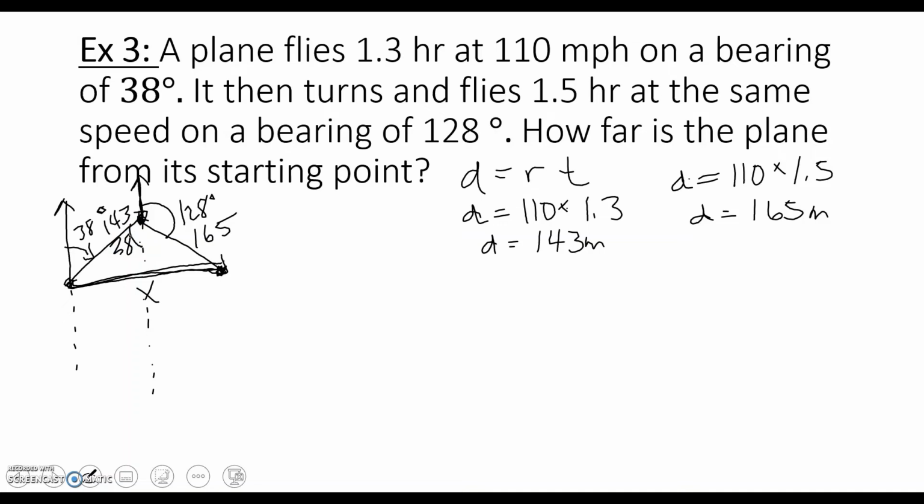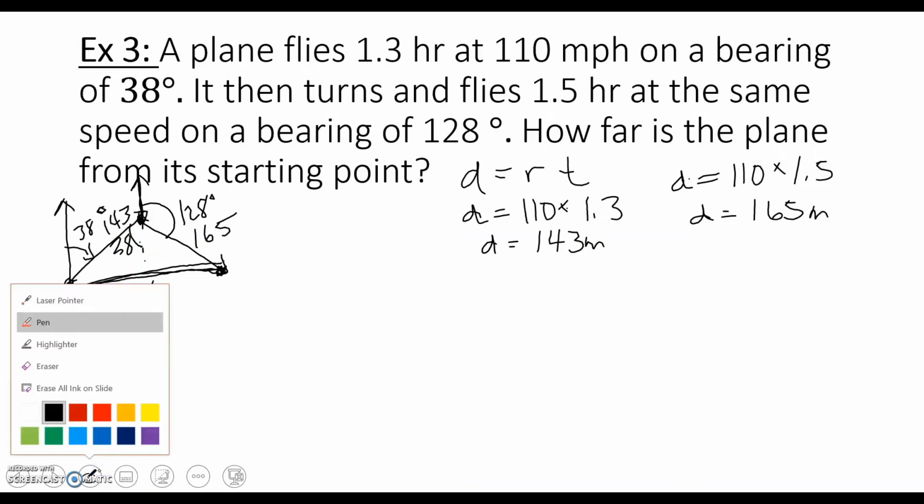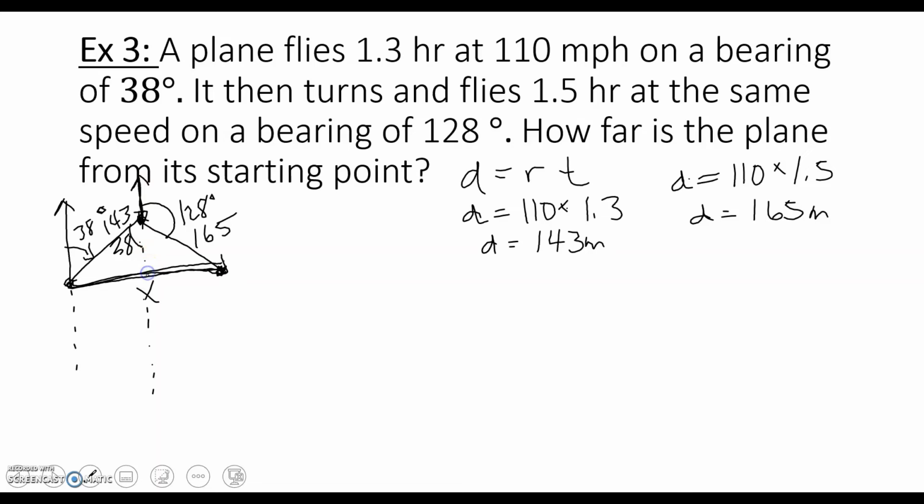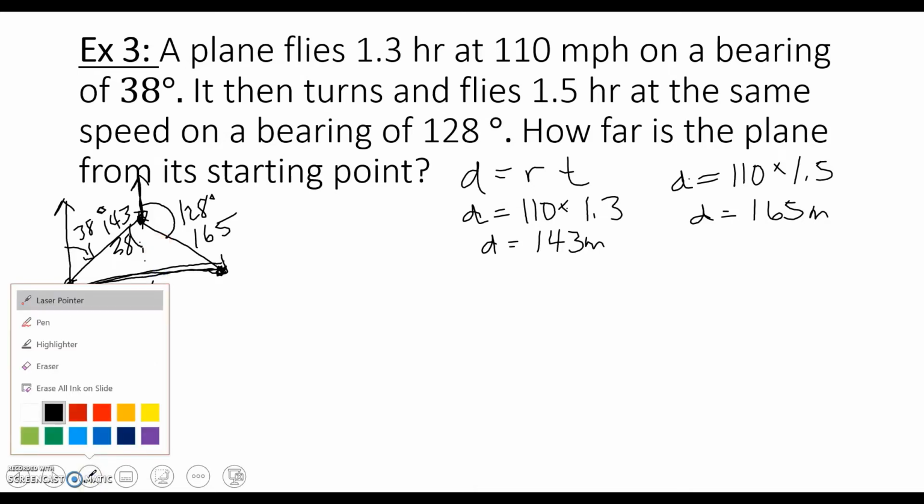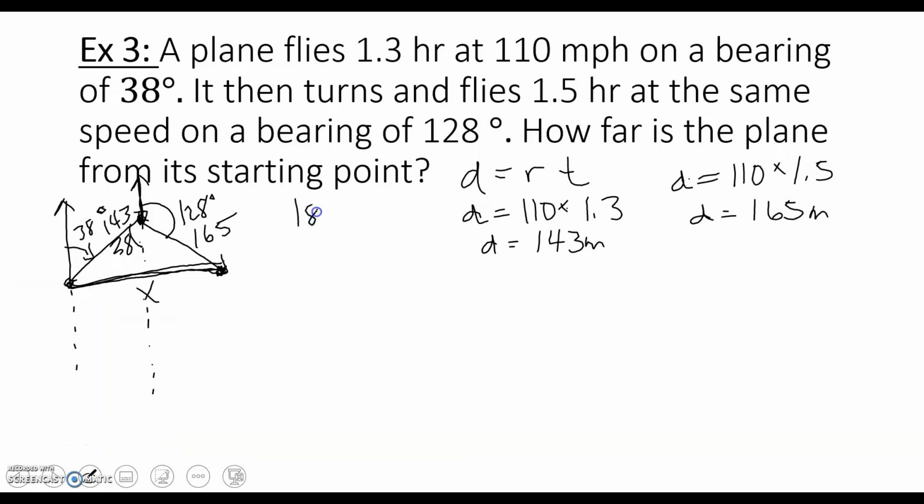Okay. Now, since this is a north line, we also know that this angle plus this angle create supplementary angles. That means they add up to 180. So 180 minus 128 equals 52 degrees.